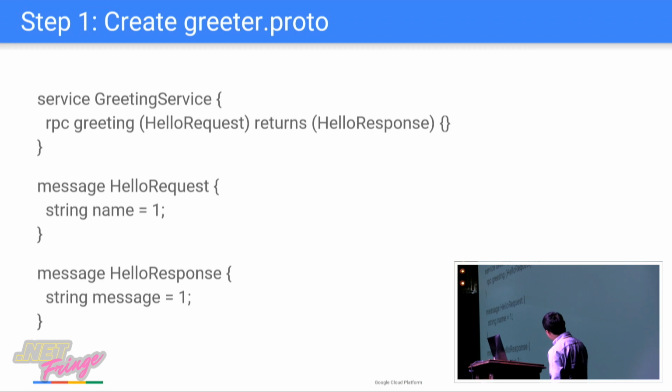The API name here is Greeting. It takes a HelloRequest as input and returns a HelloResponse as output. The input and output are both defined as messages. A message can contain fields of basic types, and it can also contain other messages or arrays of data.